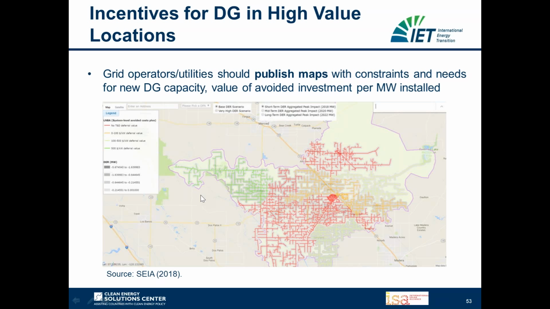And here the recommendation from the Solar Industry Association in the United States was to say, okay, when we publish these maps, we should indicate how much distributed generation capacity is actually needed, and also what is the value of the avoided investment per megawatt installed.